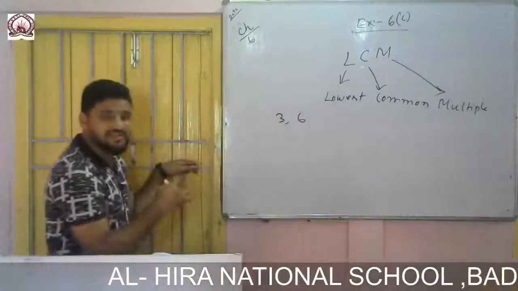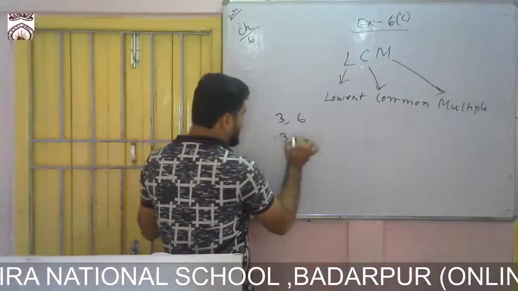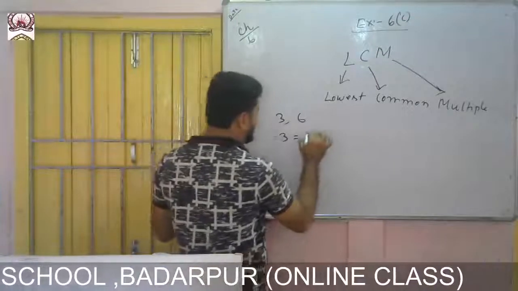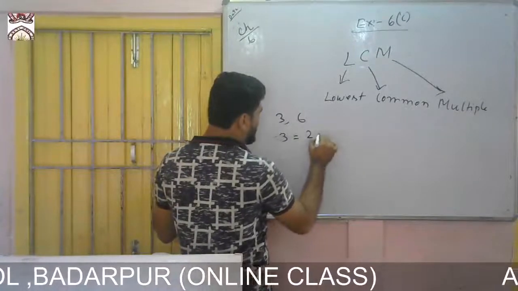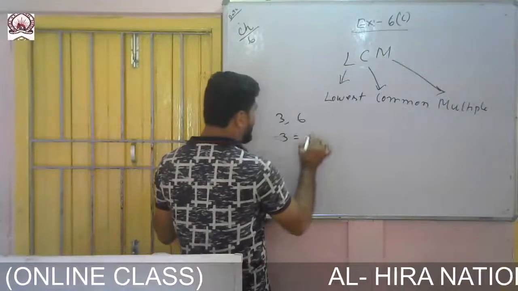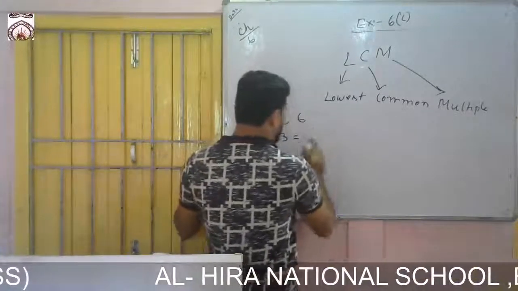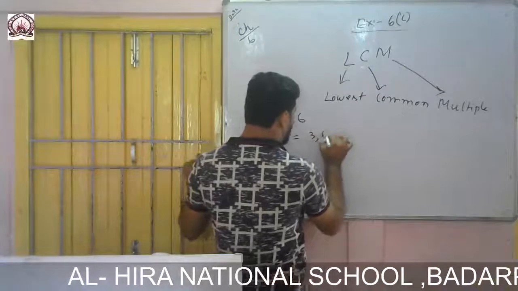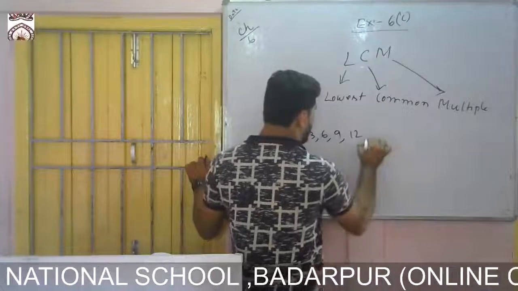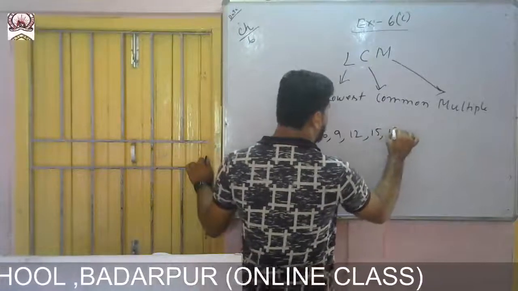If I take the LCM of 3 and 6, let me write the multiples of 3. 3 1 are 3, 3 2 are 6, 3 3 are 9, 3 4 are 12, 3 5 are 15 and 3 6 are 18.